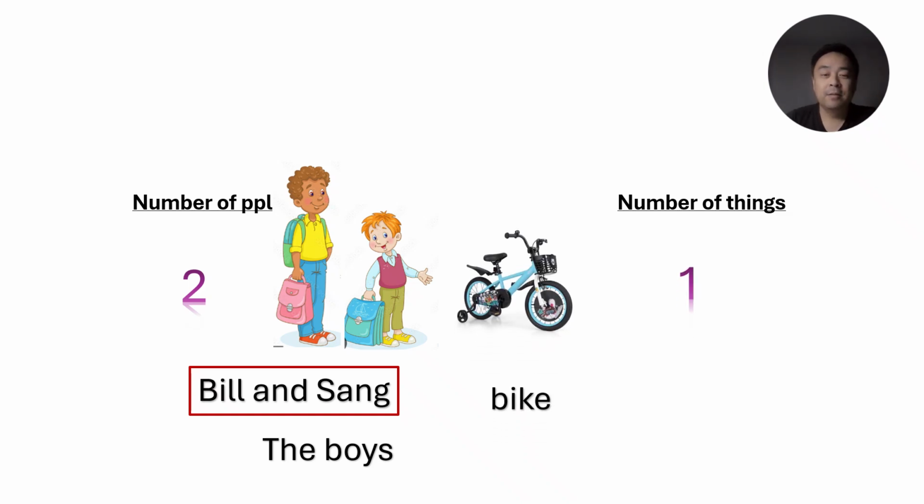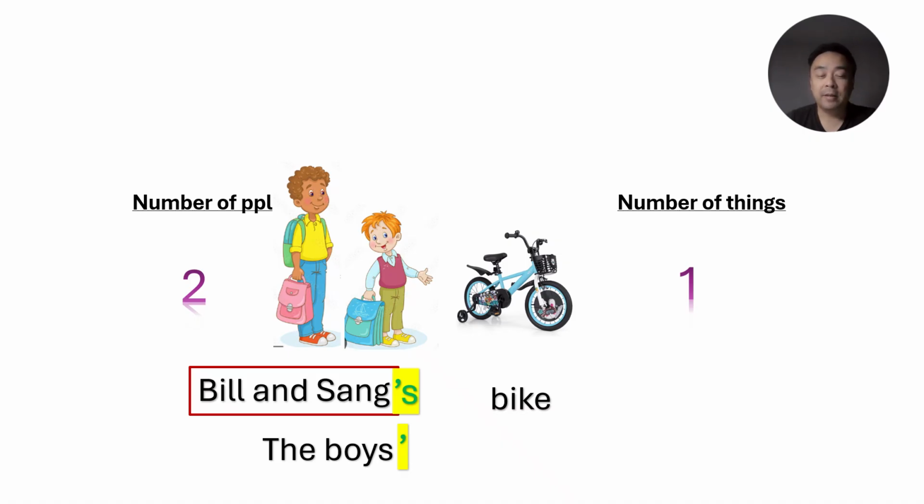Now here there is only one bike and Bill and Sang share one bike. How do I use the possessive S? Watch. I can say Bill and Sang's bike, or the boys' with an apostrophe after, no S: the boys' bike.